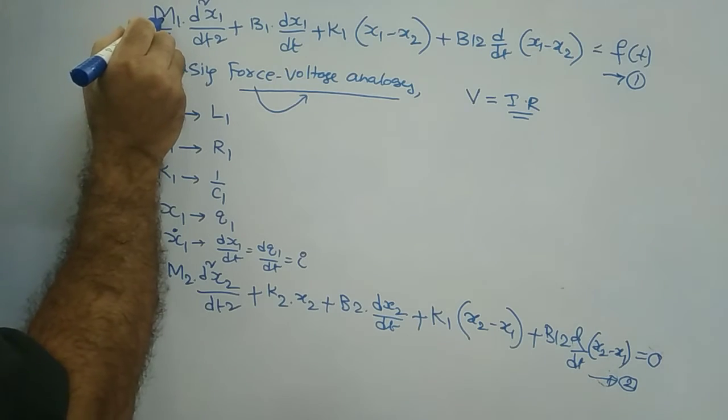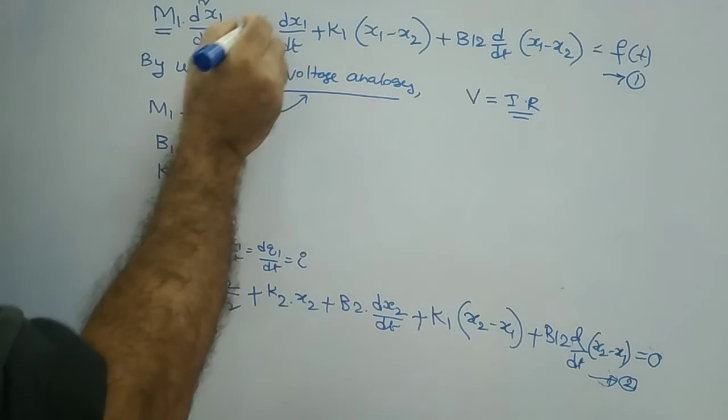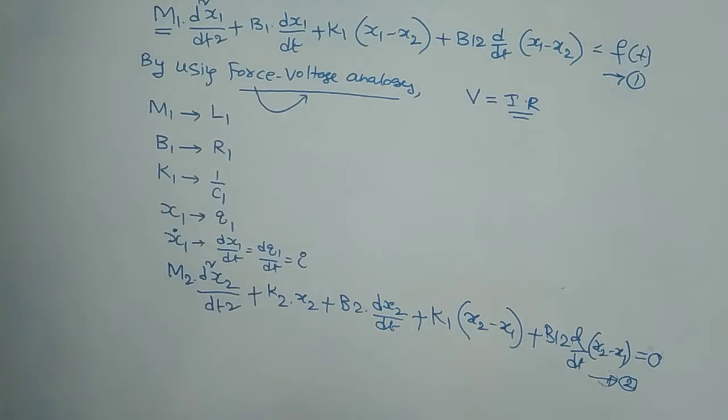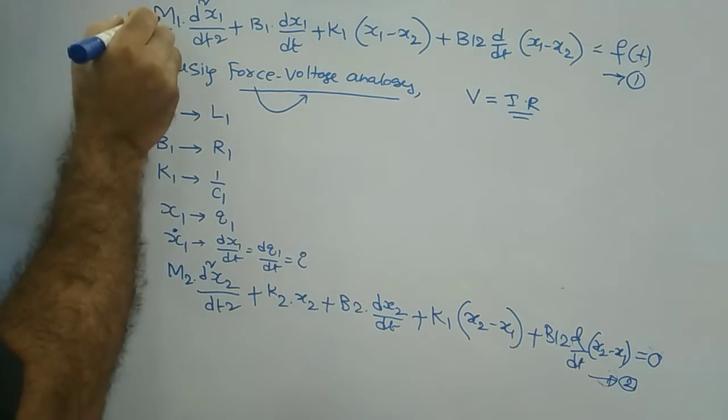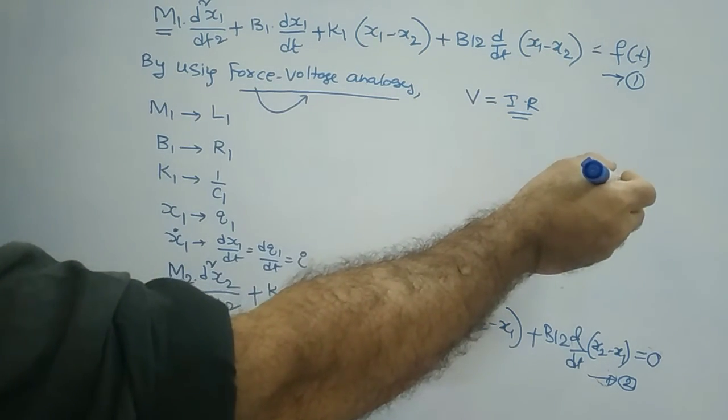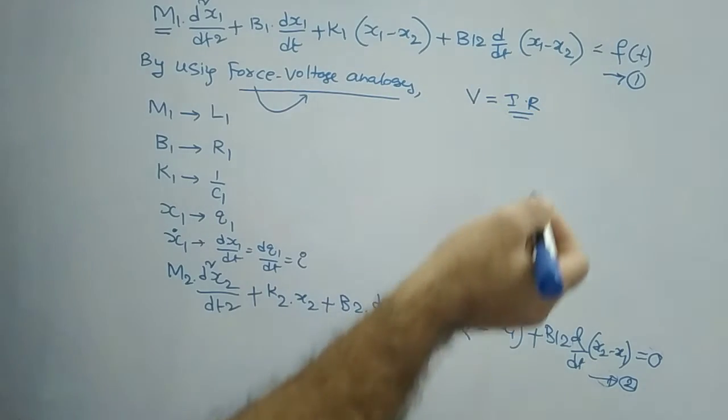This is inductance, this is resistance, this is capacitance. Then if you consider the inductance, what is the voltage across the inductor?